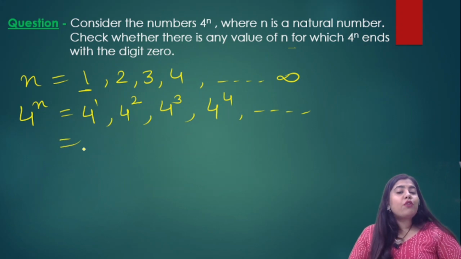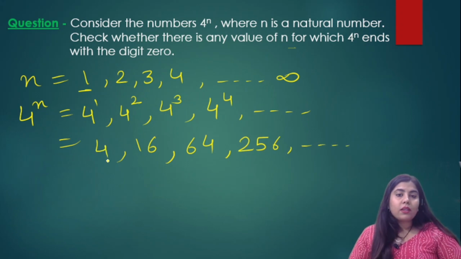Now, what is the value of 4 raised to the power 1? It is 4 only. 4 raised to the power 2 is 16. 4 raised to the power 3 is 64. 4 raised to the power 4 is 256, and so on. Hence we get the values of 4 raised to the power n.